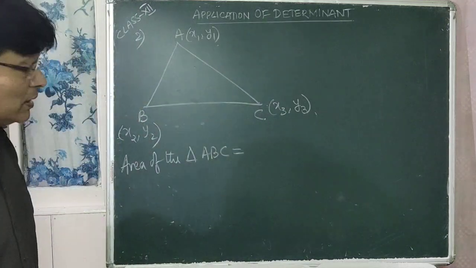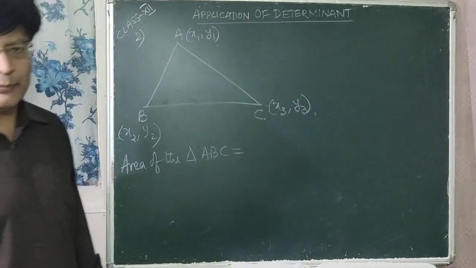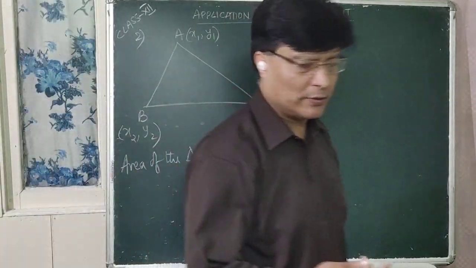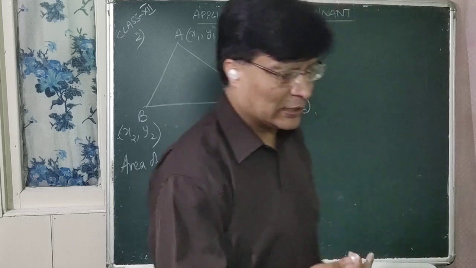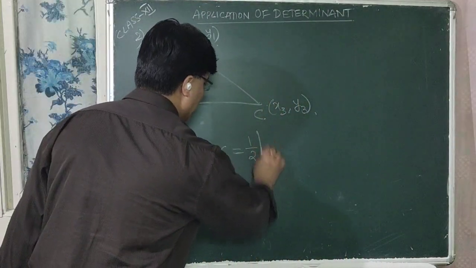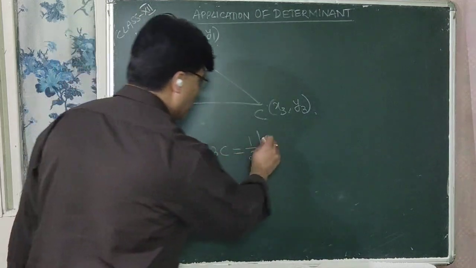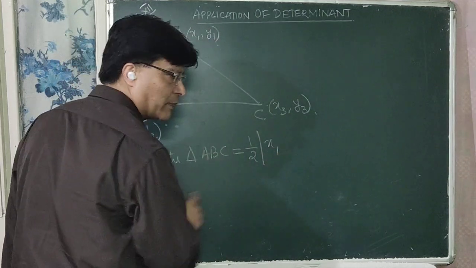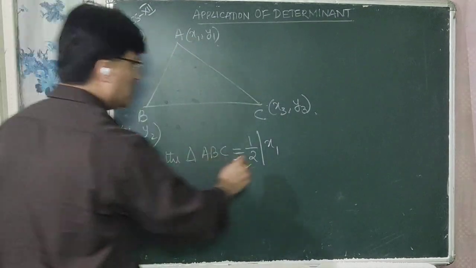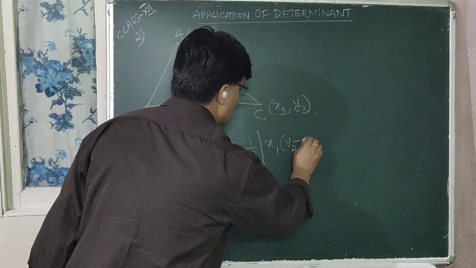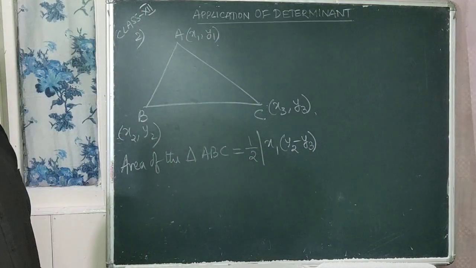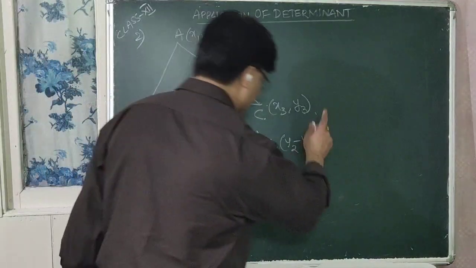Now you know that in class 11 you did the area of the triangle ABC with the 3 given vertices. You have a formula in coordinate geometry, that is, half within mod x1. This x1 is the abscissa of A, right? Within bracket you should write y2 minus y3. Okay?